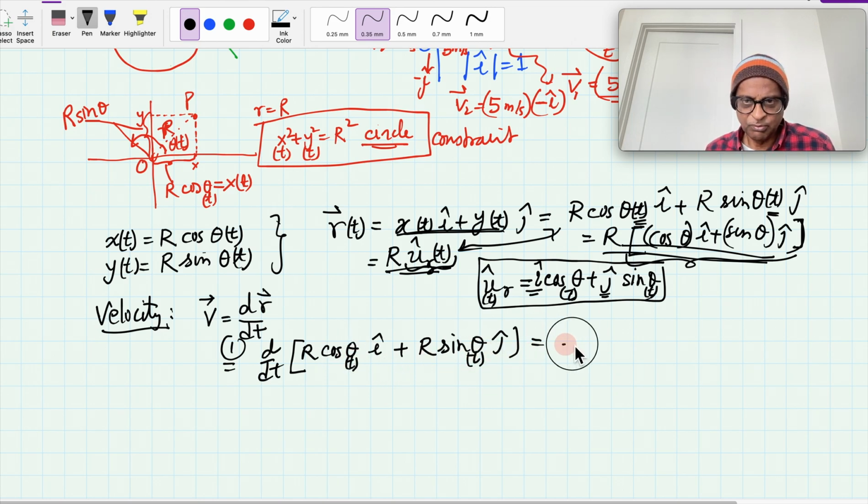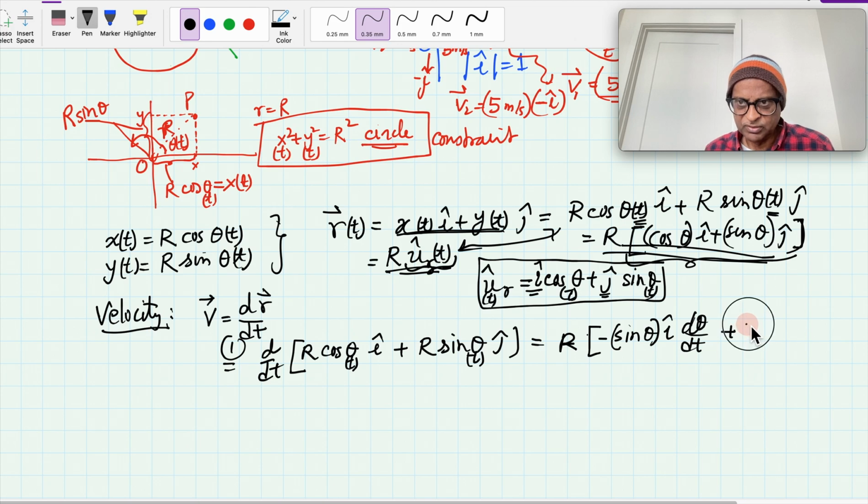So this just becomes, taking R out, minus sine theta times i hat d theta dt plus cosine theta times j hat d theta dt.